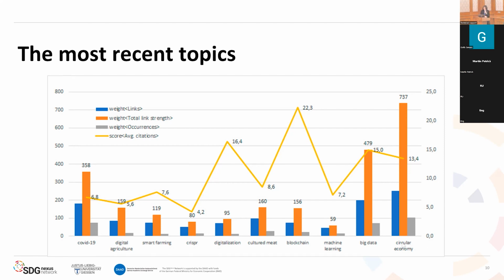Blockchain, for example, stands out with the highest average citation score of 22, and the keyword circular economy has the highest total link strength weight of 737. It indicates the total strength of the co-authorship links of the given researcher with the other researchers.